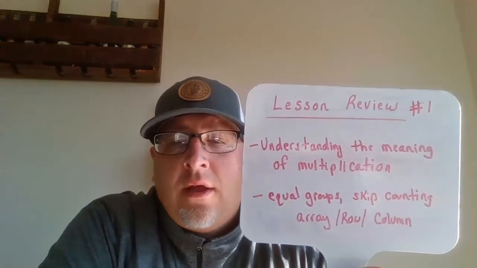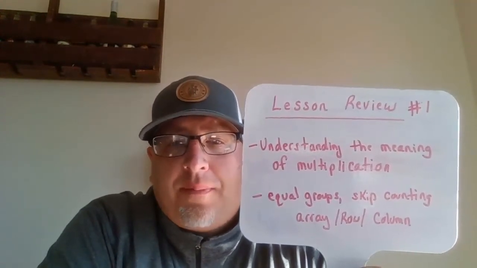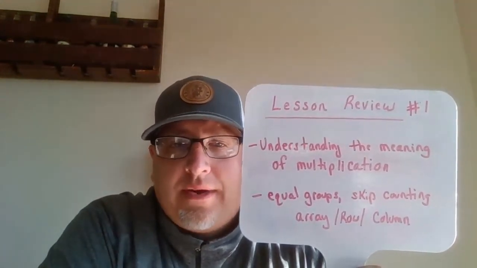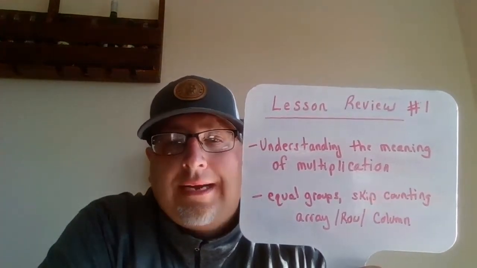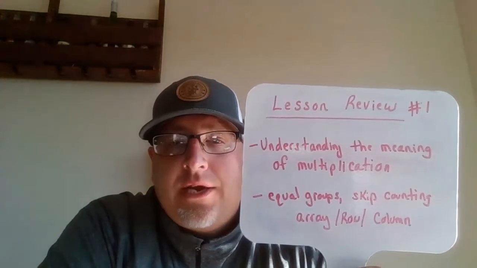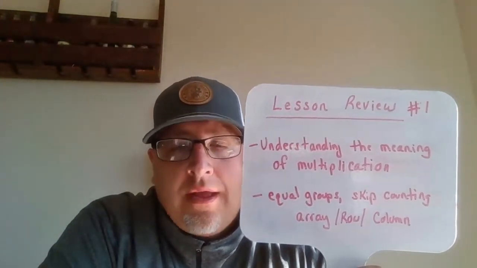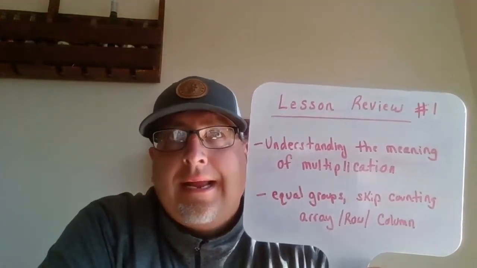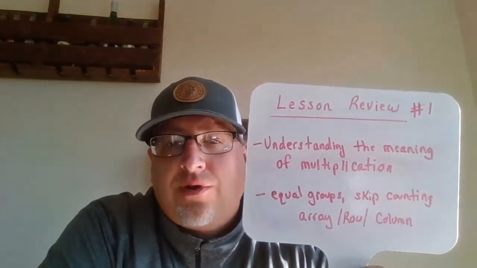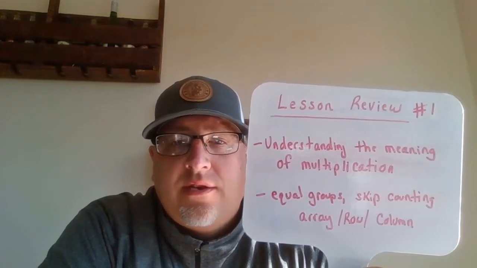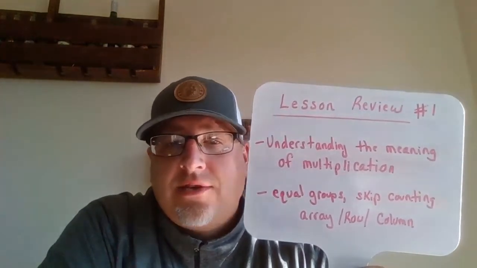And then finally, I have 3 words here that you've probably heard in previous lessons, but I want to bring them back for review. We have array, row, and column. An array is just that picture that you work with. I've showed you a lot in the exit tickets. You see arrays of flowers, arrays of jelly beans, arrays of just circles and things like that.